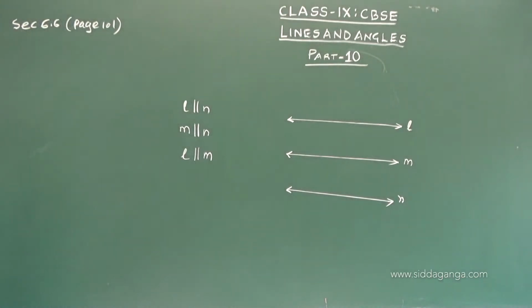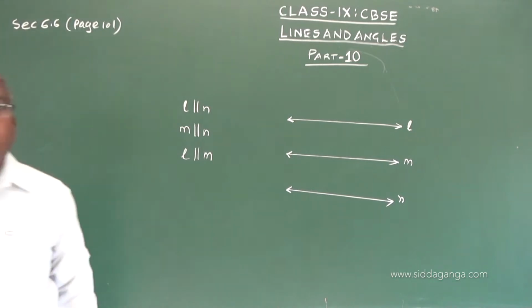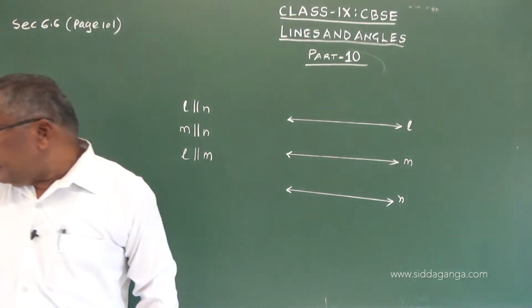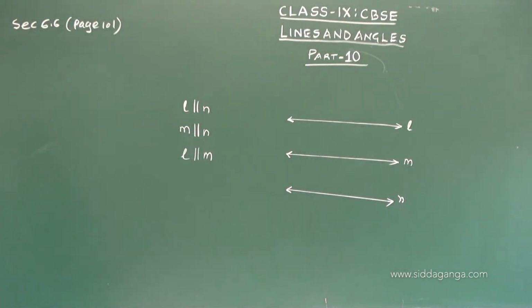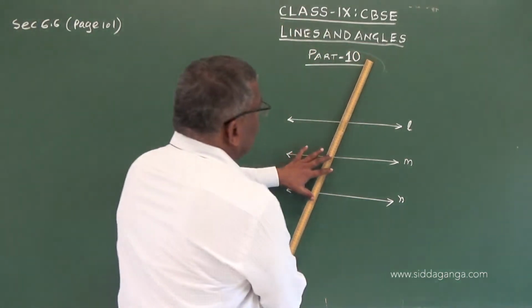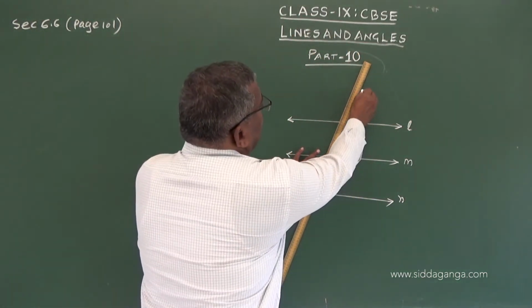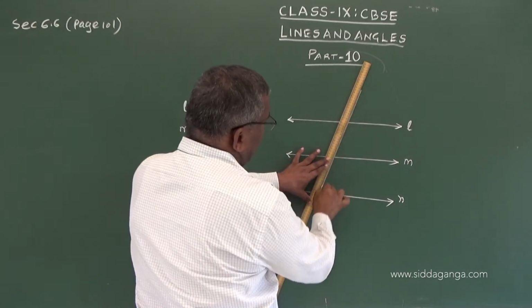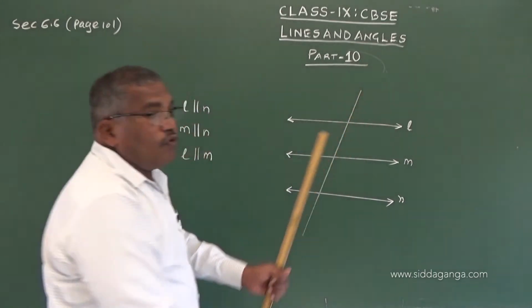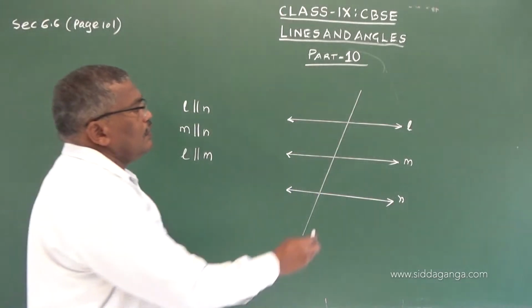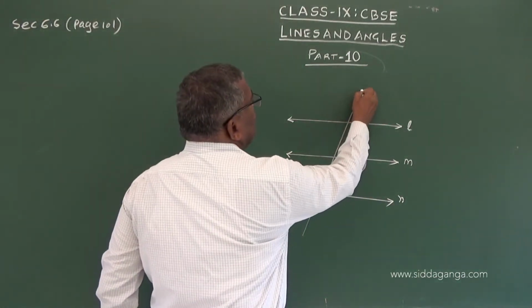Based on this understanding, see how we establish this. If I take another line, let us say a transversal. You know what a transversal is? A line which cuts across two or more lines is a transversal.